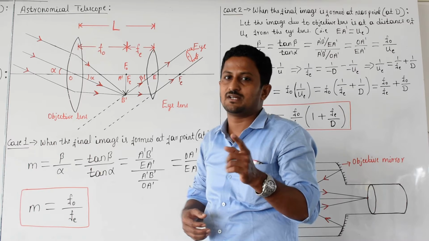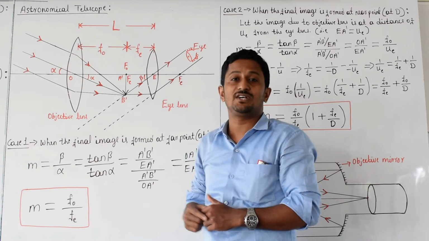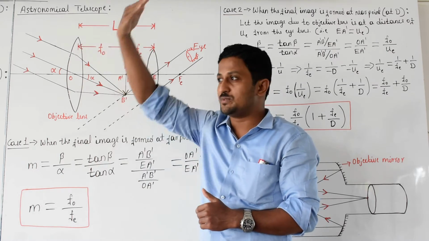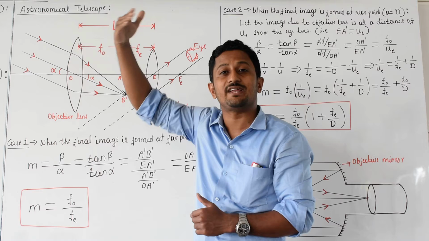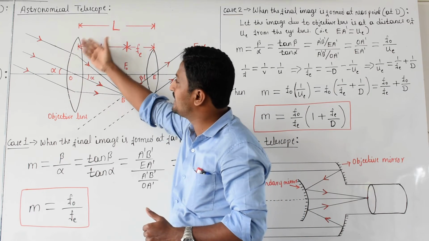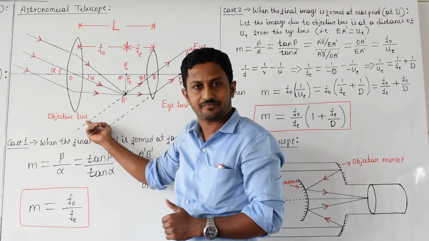To get a clear image of that distant object, the aperture of this objective lens should be very high. That's why they have taken a big aperture lens as the objective lens.